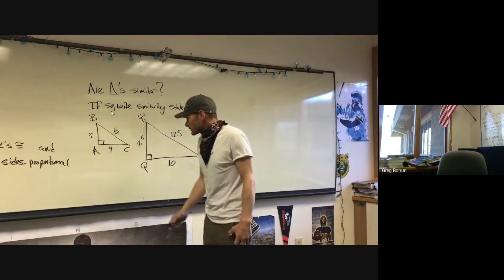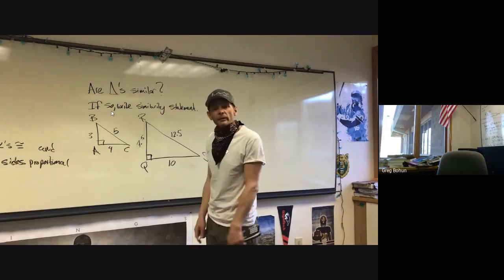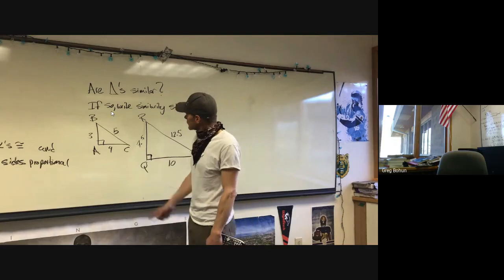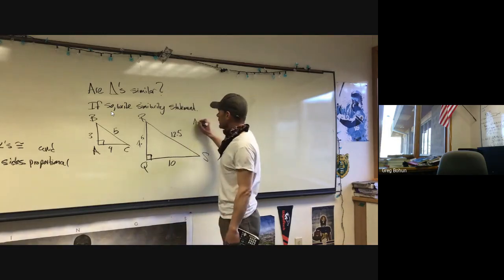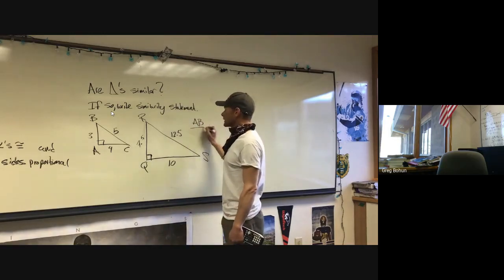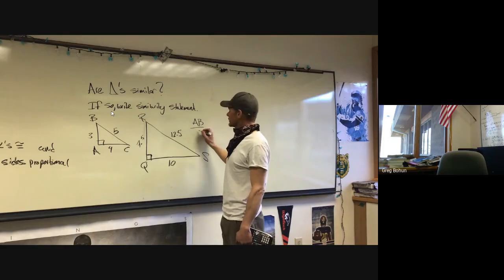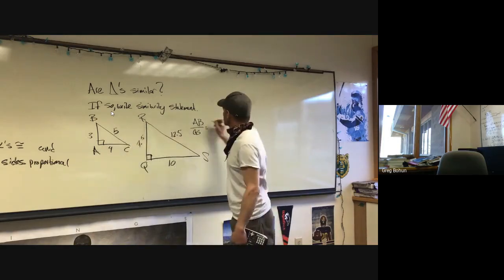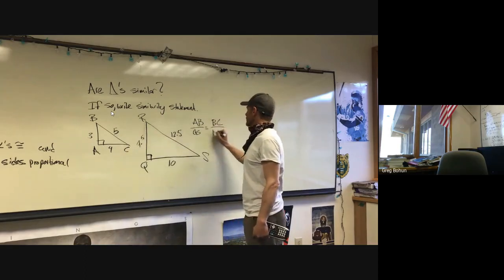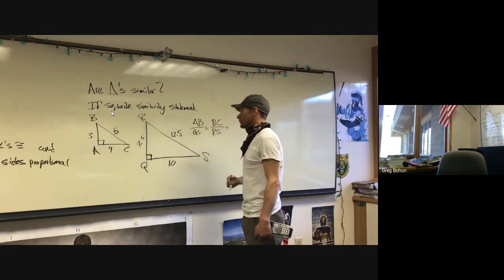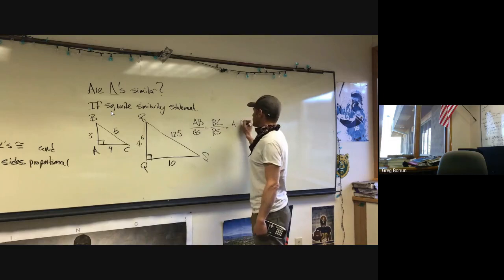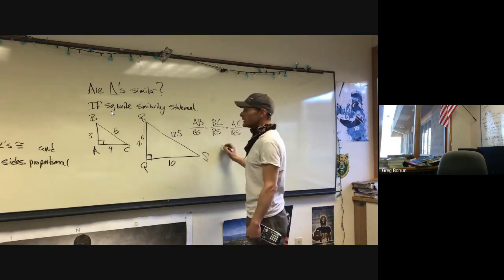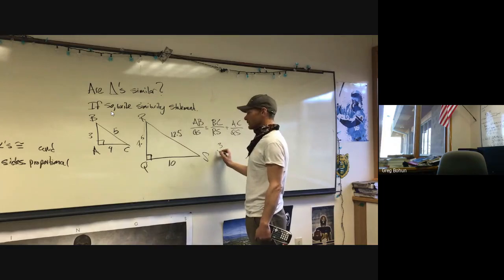Dude wants us to find out if these polygons are similar by comparing the ratios of the corresponding side lengths. So let's go ahead and do AB and compare it to its corresponding side, which is QR. We'll compare side BC's length to the length of side RS, and we'll do the same for side AC and side QS.